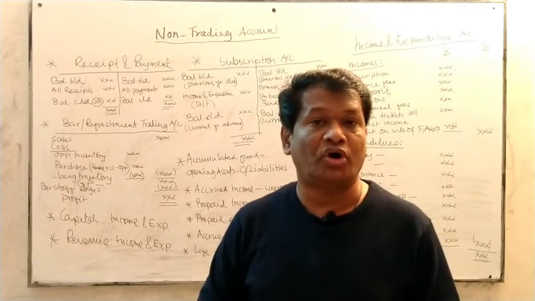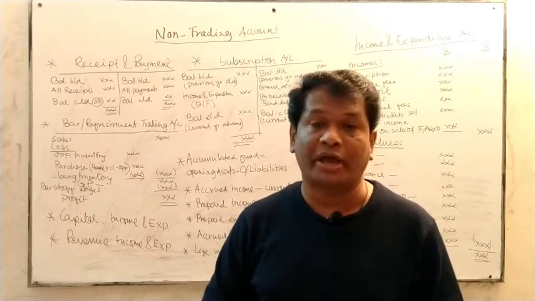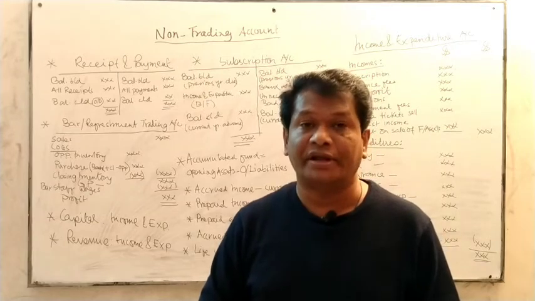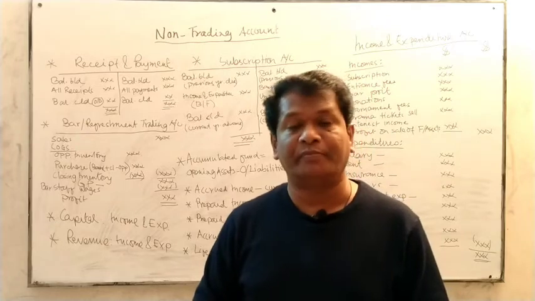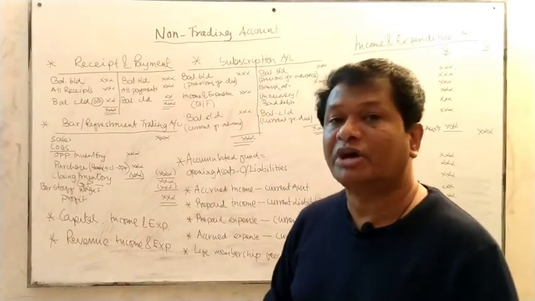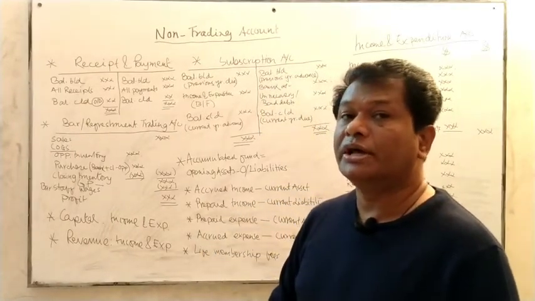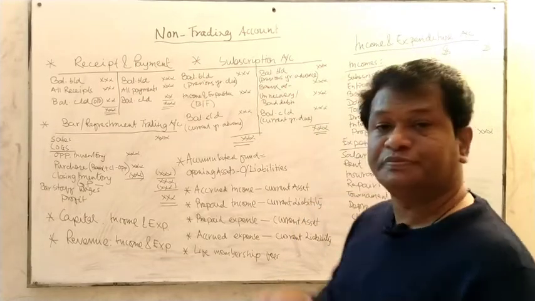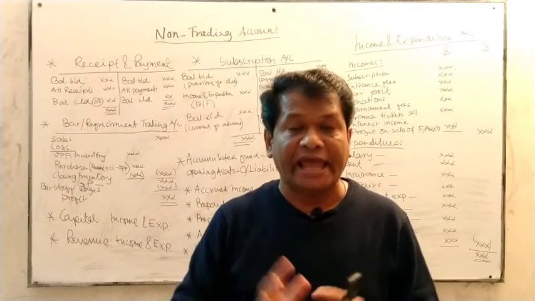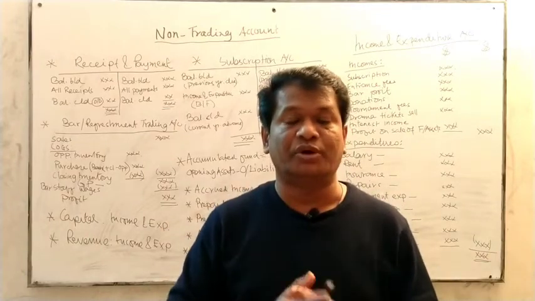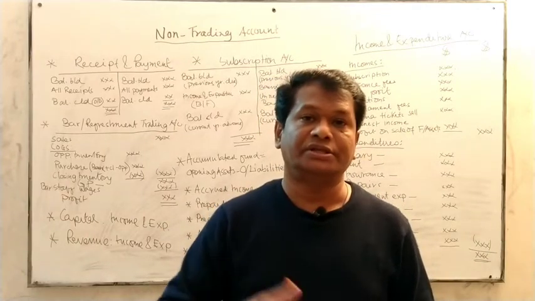Then legacies, life membership fees, or bank loan are also written. And finally current liabilities are written. The total figure is to be added up, and that figure must be equal to the total assets written in the balance sheet. If the total assets and the total liabilities are equal, then we can consider this the right one.